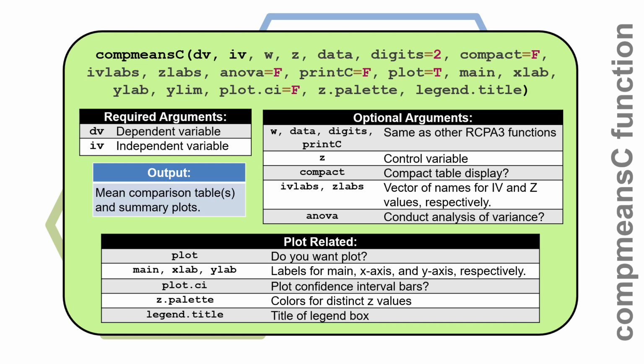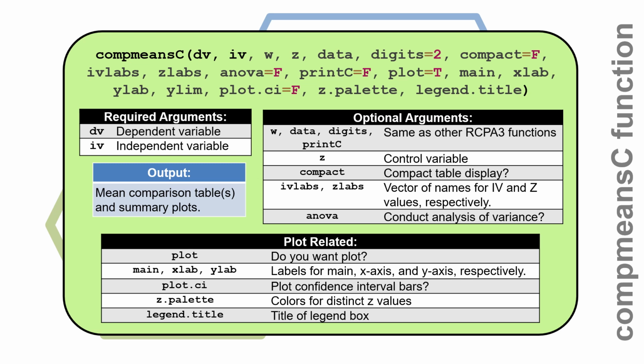The compact and ivlabs arguments aren't standard options, and you can use them for basic mean comparisons, so I will show you how to use them in this video. I will discuss the plot-related arguments and remaining optional arguments in other videos about the compmeansC function.